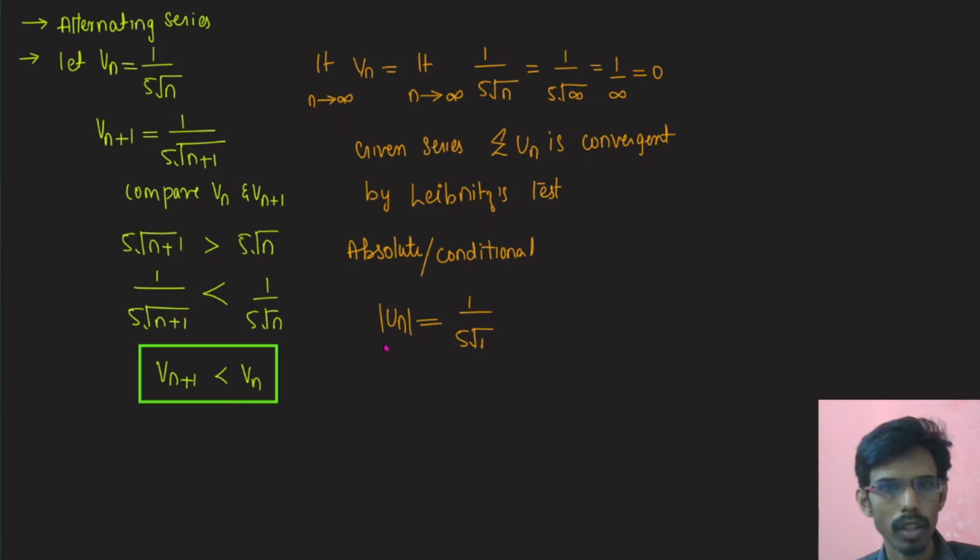Now let us take this 1 by root n, that is 1 by n power of 1 by 2, as some Vn series. Now this will become mod un equal to 1 by 5 Vn.